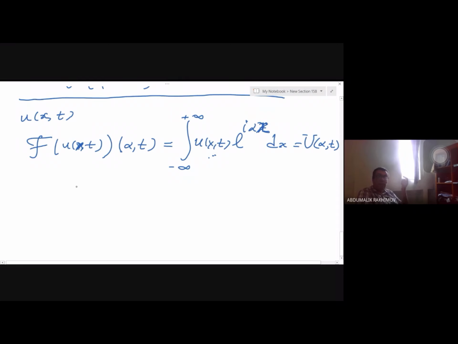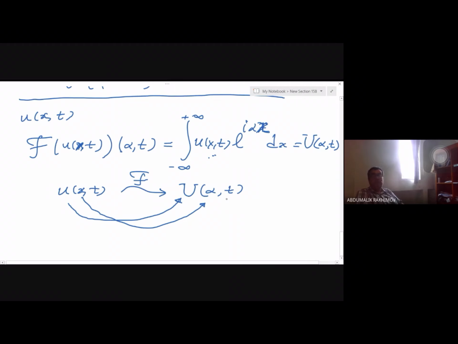If my original function is u(x,t), then this transformation is transforming this u into U(α,t). So u is transforming to U capital, and x is transforming to alpha. No changes for t. Clear?